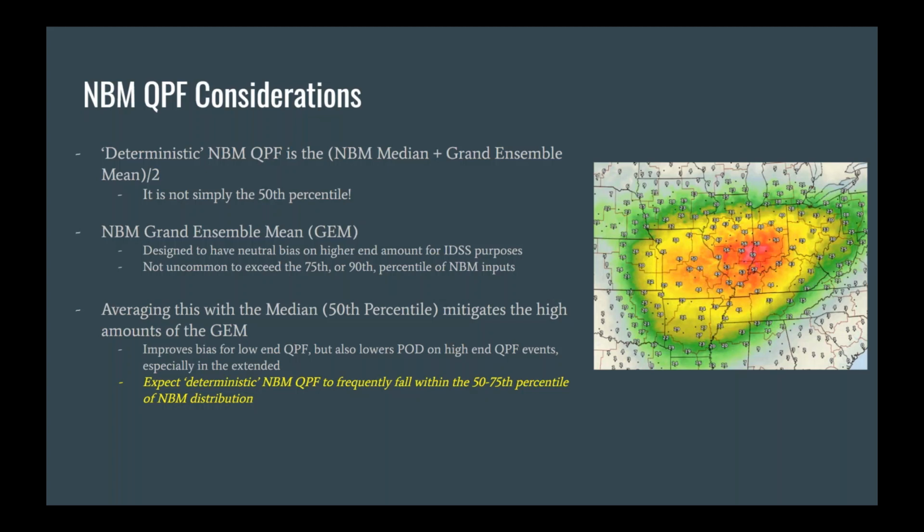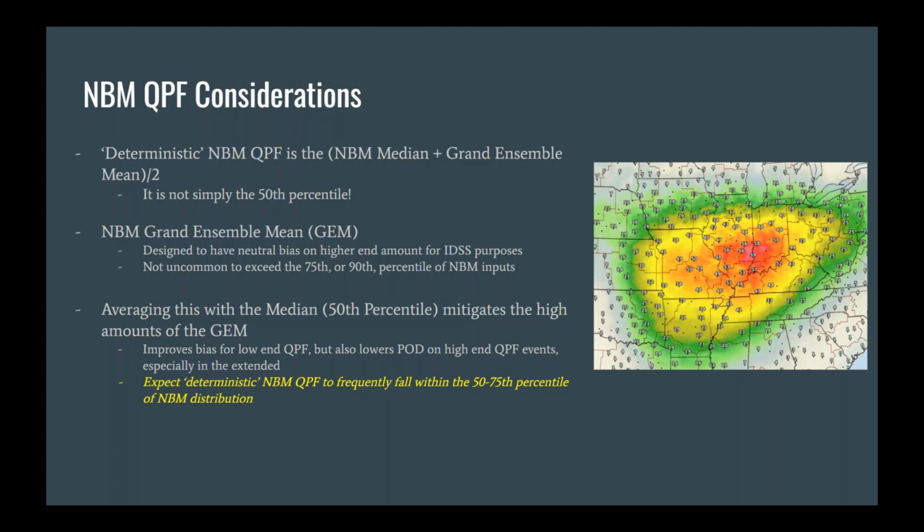This mitigates the high amounts that we saw with the GEM, so it brings it down. It improves the bias for lower end QPFs, but it also lowers the POD on the high end QPF events, especially in the extended. Now you can expect the deterministic QPF to frequently fall within the 50th to 70th percentile of the NBM distribution. That's where it's supposed to be based on the way the deterministic QPF is calculated.